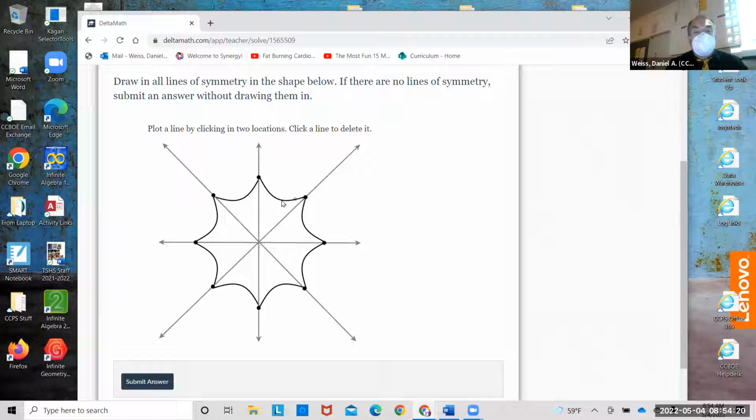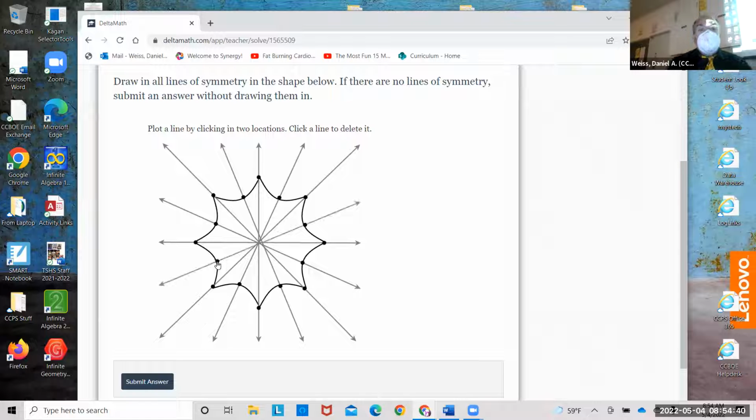There's also symmetry here. Okay. There's also here. There's also here. And here. All right.